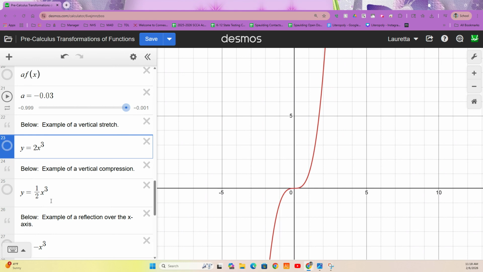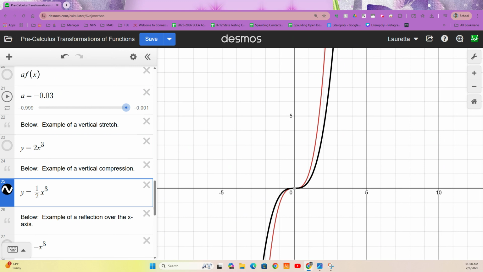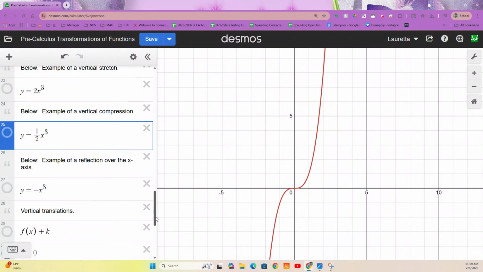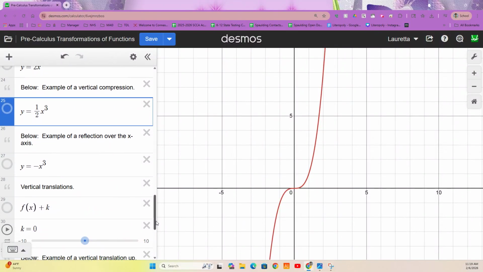Then below here is an example of a vertical compression. Again, you're multiplying the parent function x cubed by 1/2 in this case. So there is an example of a vertical compression. And below is an example of reflection over the x-axis.